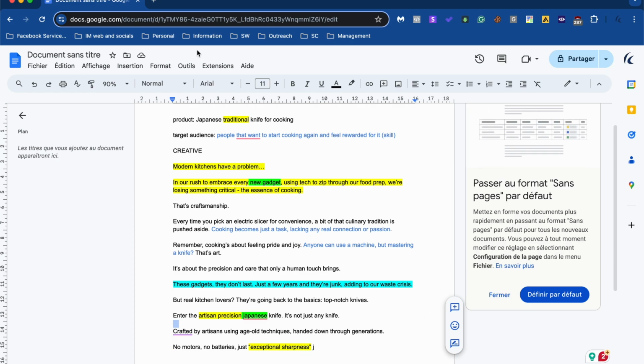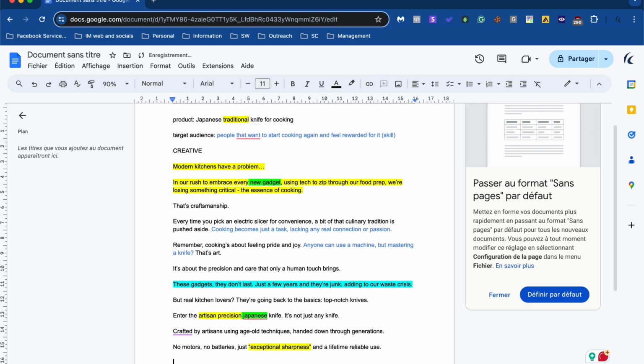Like in movie theaters, sometimes you have the reviews from journalists. You can do the same by adding reviews, so that it's not just marketing. The people who have tried it also confirm the quality: exceptional sharpness, and a lifetime of reliable use.